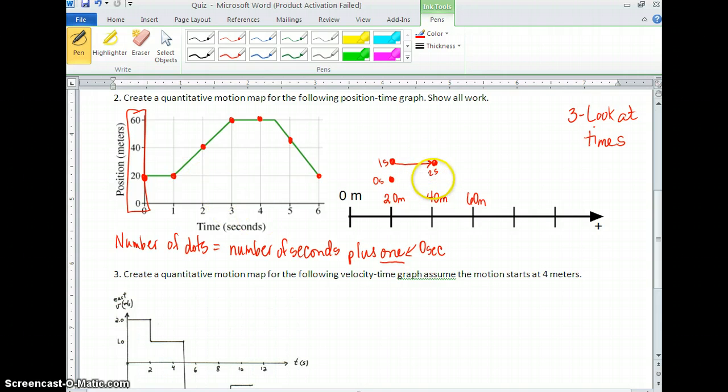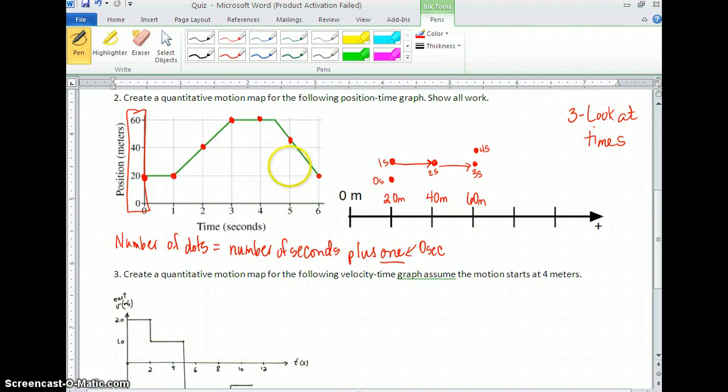So 2 seconds is what we're at. We need to go to 3. Go up to 3, he's at 60. So third second is going to go at 60. Fourth second, go up, still at 60, so I stack the dot above it. And I'm putting the seconds next to them just so that we can keep track of where we are.